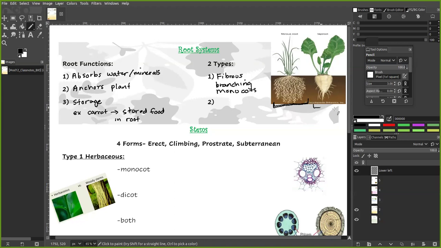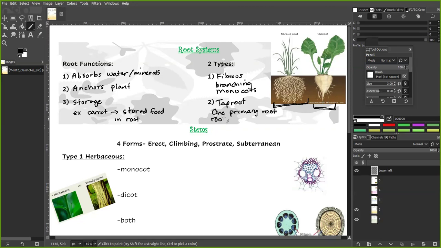The other system is over here, and that's called a taproot. For example, like a carrot and trees, things like that. And this is 1 primary root with little tiny root hairs coming off of it.